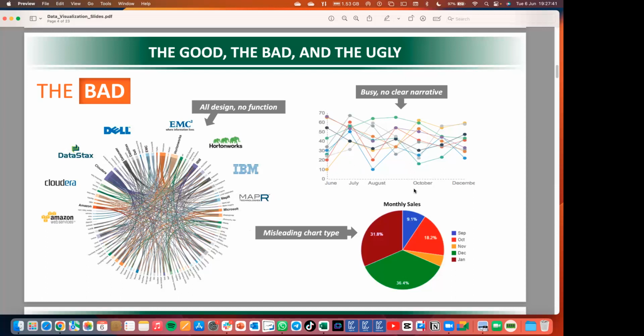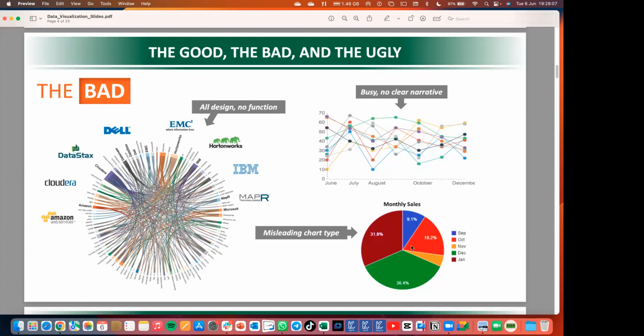When you look at the axis at the bottom, you have June, July, August. September is skipped, you have October. November is skipped, you have December. So confusing. So here it's busy and it has no clear narrative. If you find yourself with a graph like this, know that it is already in a bad state.